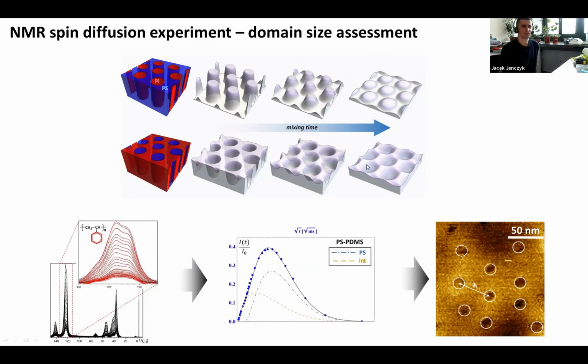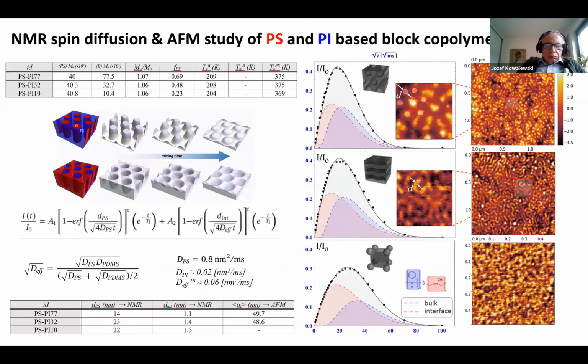But that's not a problem at all, because we can nicely define the spin-lattice relaxation T1 constants for our system, and take that into consideration when analyzing our spin diffusion data. So this is the example.